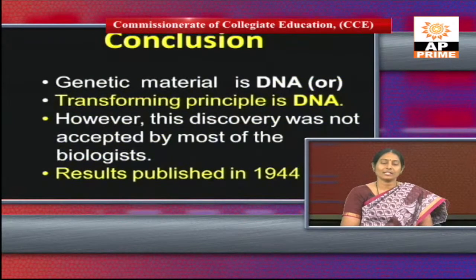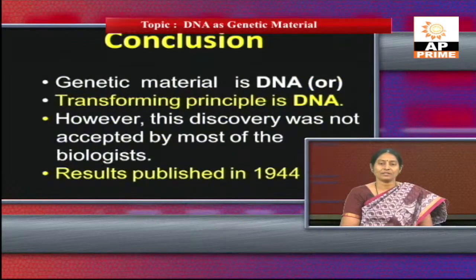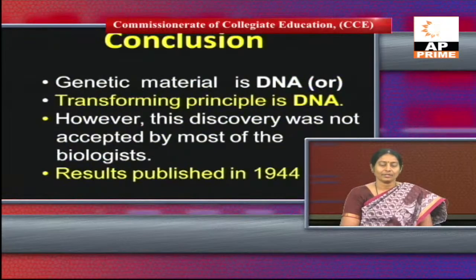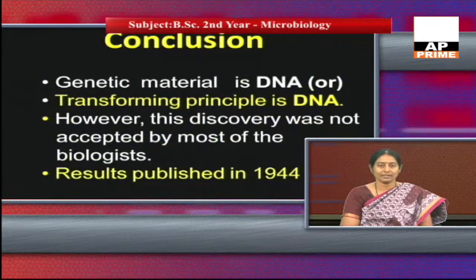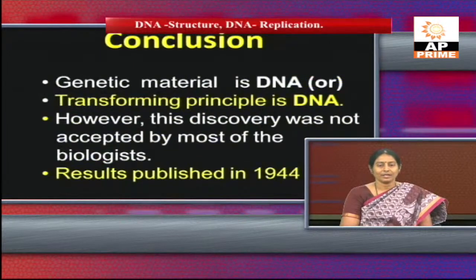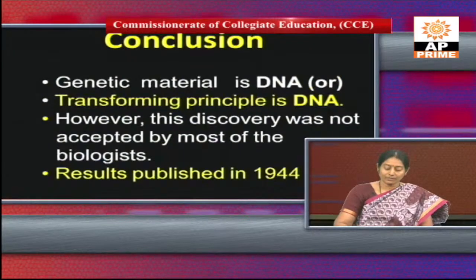Then what did this experiment show? The genetic material that is passed on from one bacterial cell to another bacterial cell was nothing but DNA. So DNA can transform the properties of a cell. Here in this case, it was the appearance and pathogenicity of a bacterium. The results of these scientists were published in 1944.